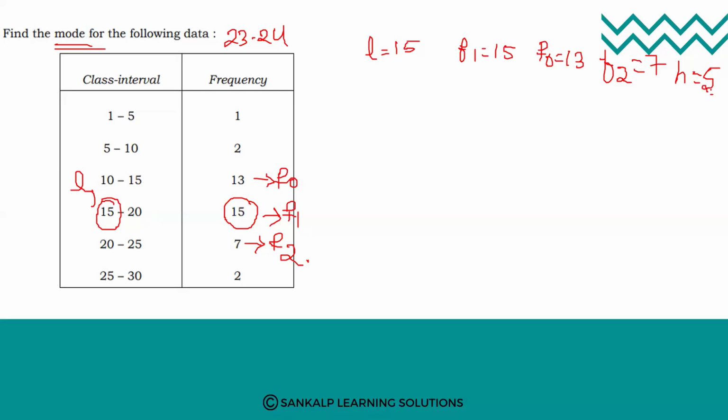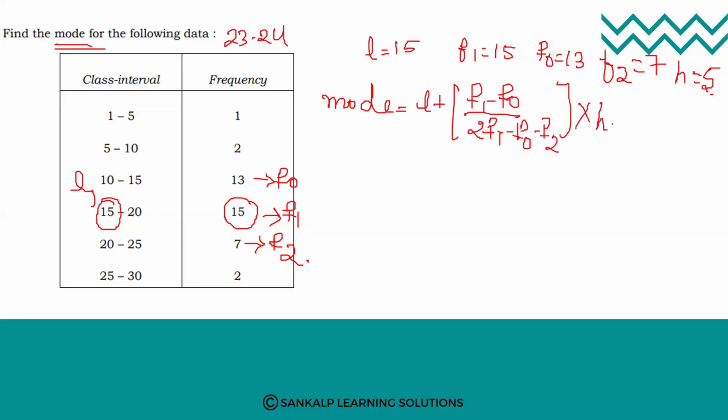That is 5. Okay. Now, the formula is mode is equal to L plus F1 minus F0 divided by 2F1 minus F0 minus F2 into H. Right?